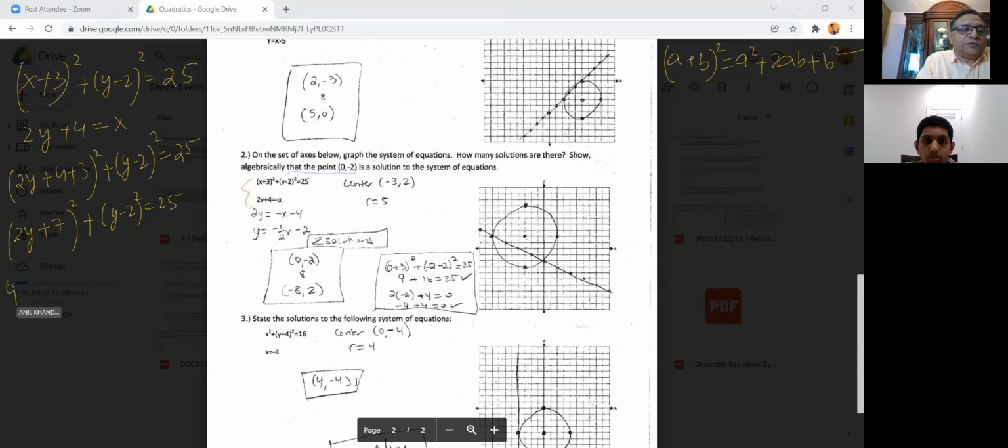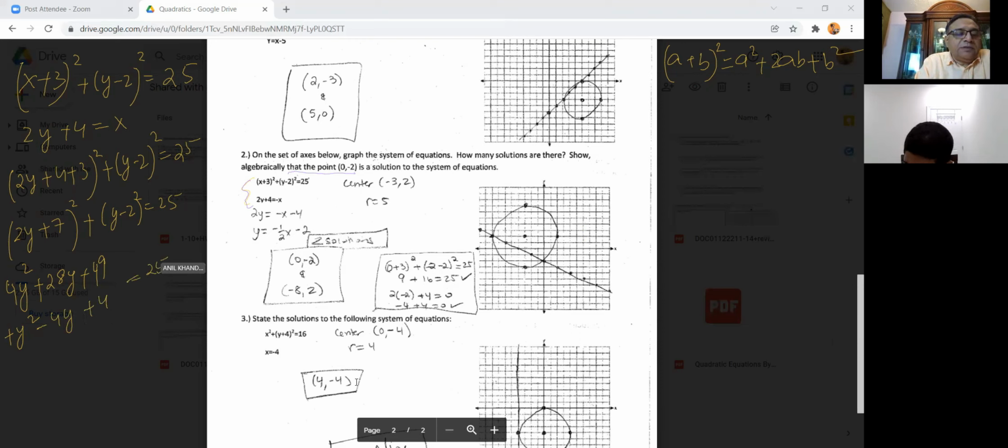So you get 4y square plus 2ab, means 4 times 7, 28y plus 49, right? 7 square. And here we get plus y square, and minus 2 times 2 is 4, 4y plus 4 equals 25. That is what we get.